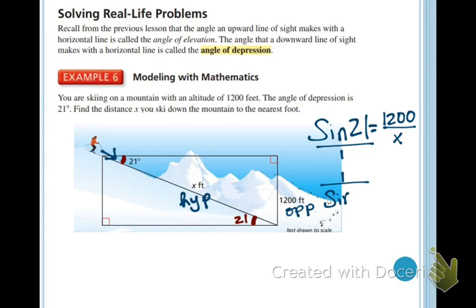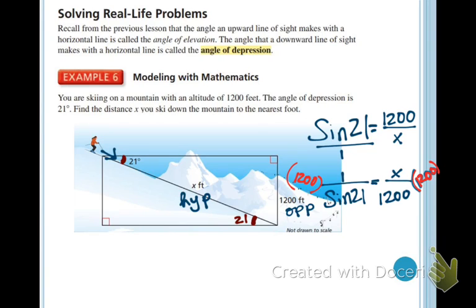Put 1 over sine of 21 equals x over 1200. We are going to get a large number. Let me catch up for a second. Multiply by 1200. I said let me catch up for a second. So you keep that for a second.